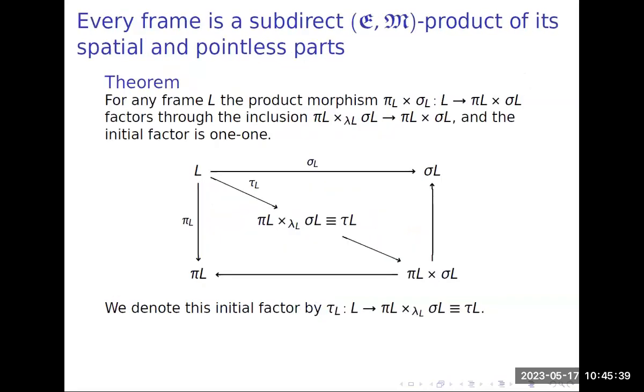So there's the theorem. Any frame at all has the feature that the product morphism of pi sub L and sigma of L factors through the inclusion of this sub-object that we just built, and the initial factor is one-to-one.